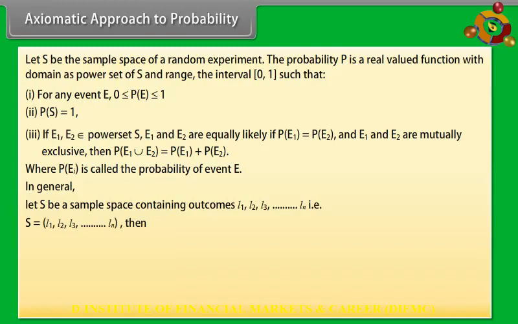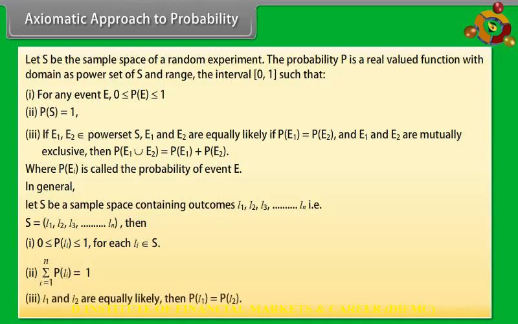Then 1. 0 is less than or equal to P(Li) less than or equal to 1, for each Li belonging to S. 2. Summation of i is equal to 1 to n of probability of Li is equal to 1. 3. If L1 and L2 are equally likely, then P(L1) is equal to P(L2).